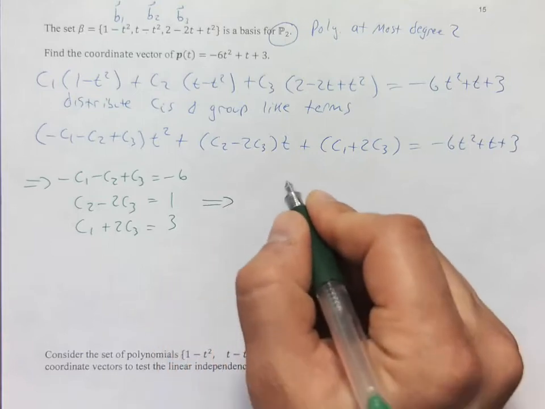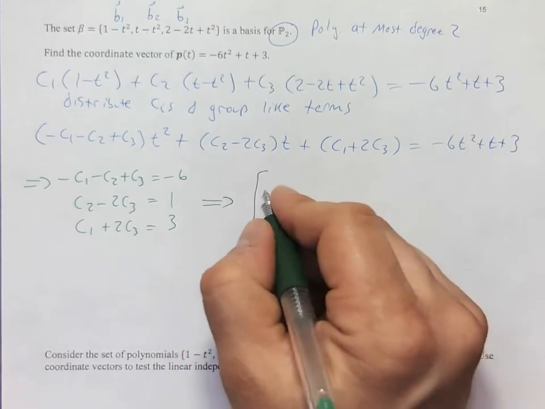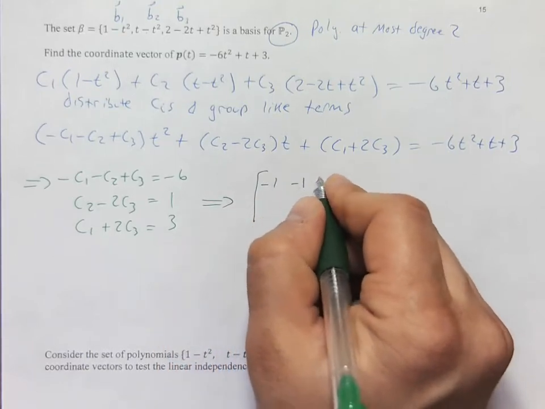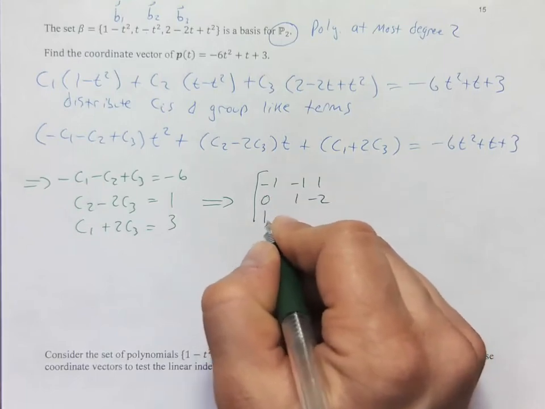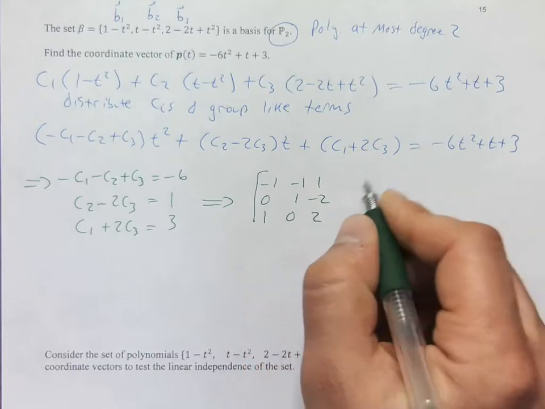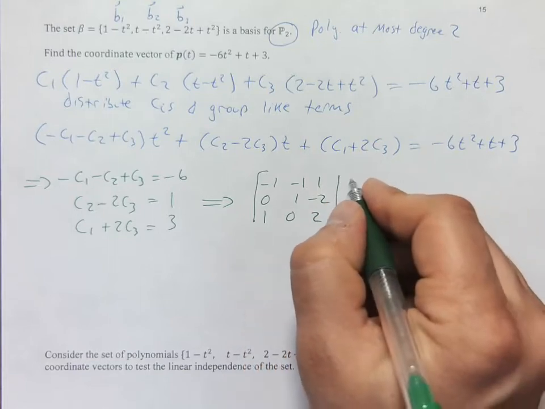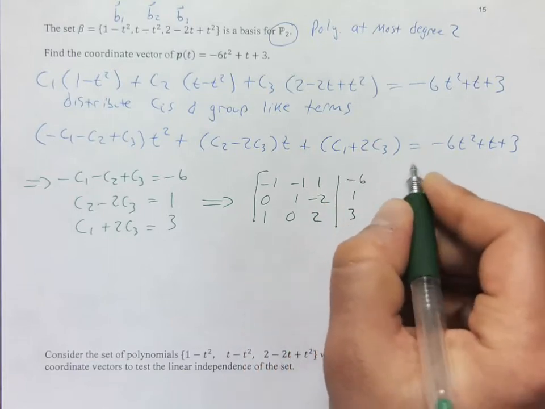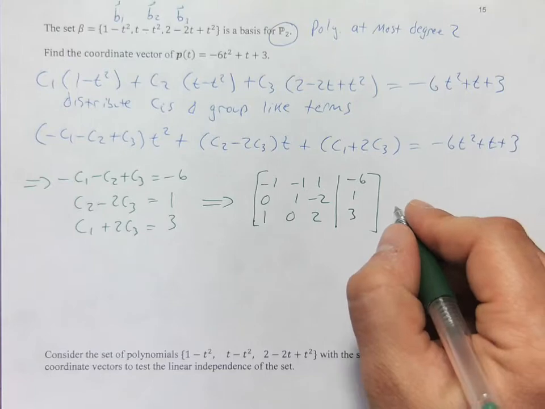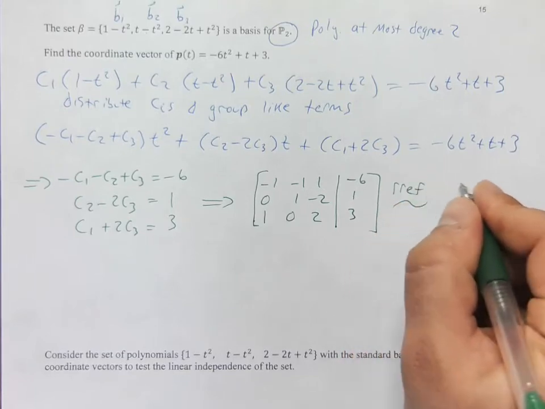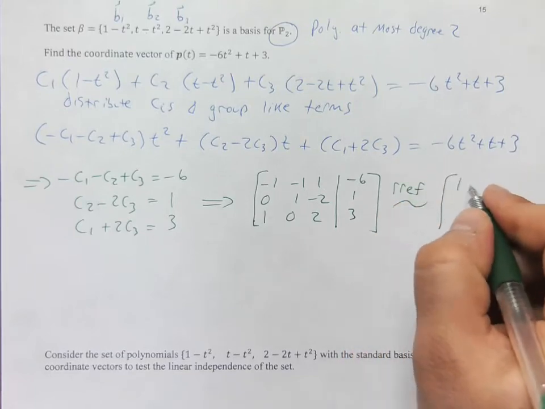We can stick that in a matrix and solve it pretty straightforward, right? So this turns into the augmented matrix, minus 1, minus 1, 1, 0, 1, minus 2, 1, 0, 2, and we want that to equal minus 6, 1, 3. Real easy to row reduce that and get our answers. You RREF, and you get this matrix.